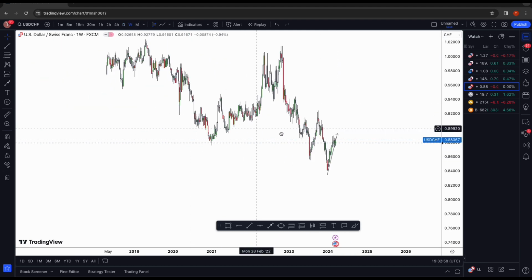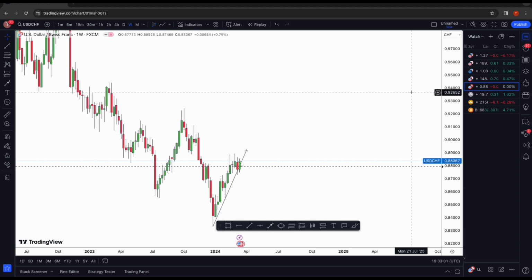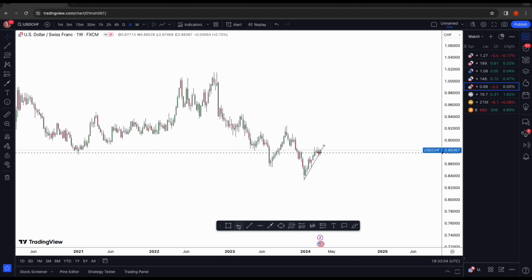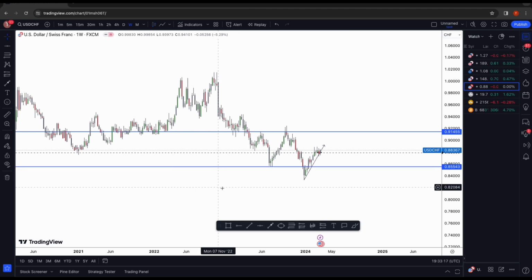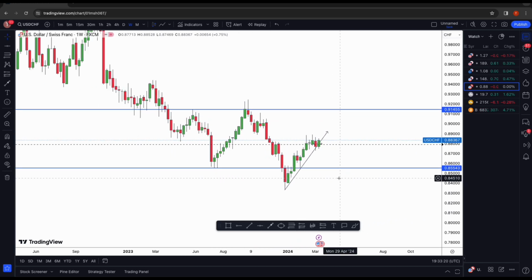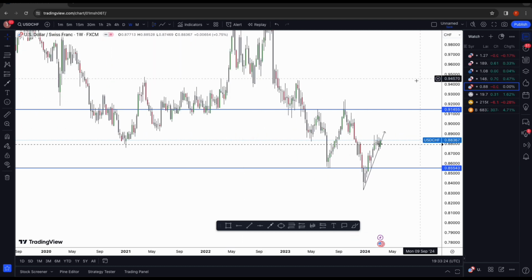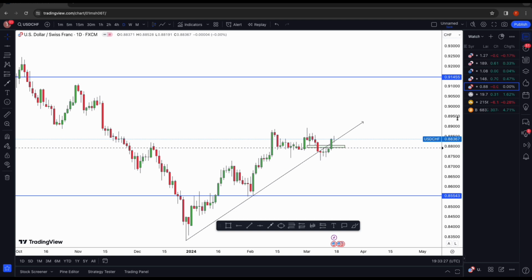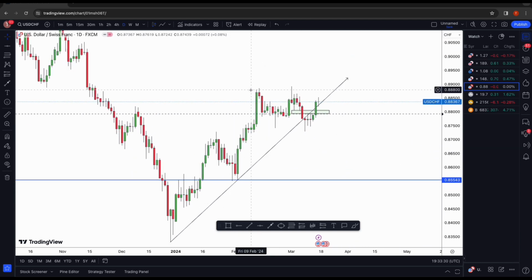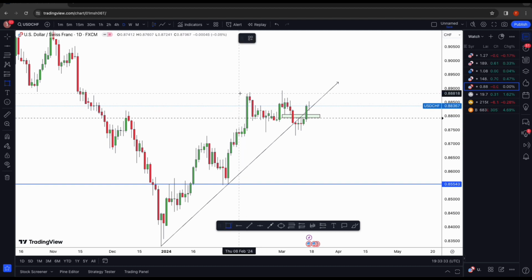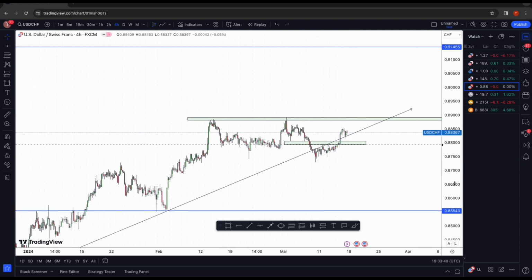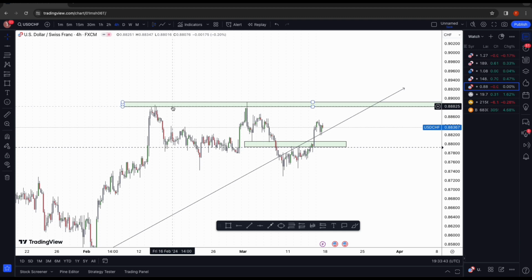Let's get some weekly levels on that. So will price come back up to these sorts of levels? It looks like it.